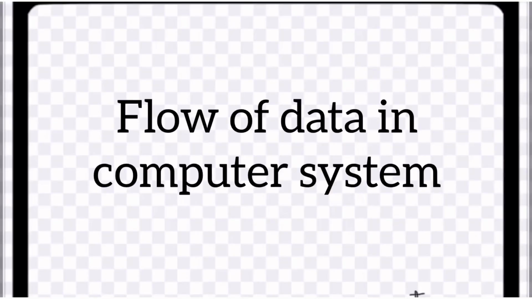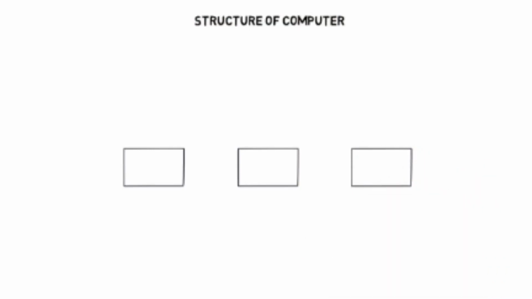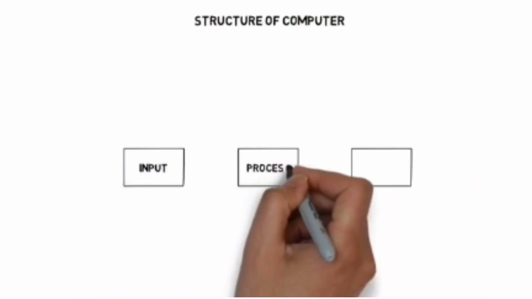Next topic is flow of data in computer system. To understand the concept of data flow in a computer system, we must know about the structure of computer. Structure of computer, that is input unit, processing unit and output unit.